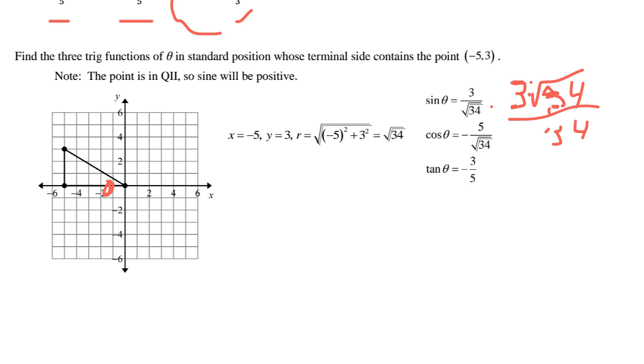Next one, multiply by root 34 over 34 for the cosine. And you're going to get negative 5 root 34 over 34. And tangent, we're going to get -3/5. Cosine's negative in that quadrant, and it's negative because we have a negative for the x.